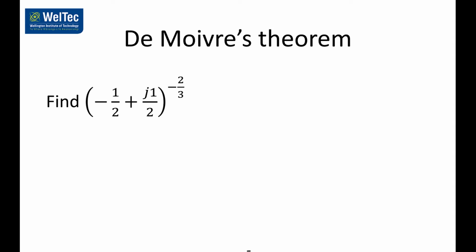Let's have a look at finding a slightly more complicated root. Here we've got that z is equal to (-1/2 plus j) to the power of 1/2.